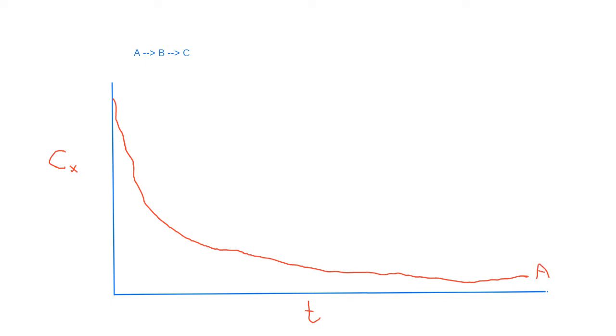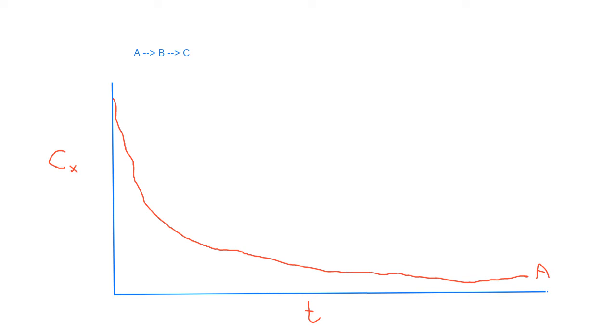Now let me choose another color. Now we look at B. B is going to go up because at the beginning the concentration of B is low, but it's going up exponentially because A is creating B immediately.